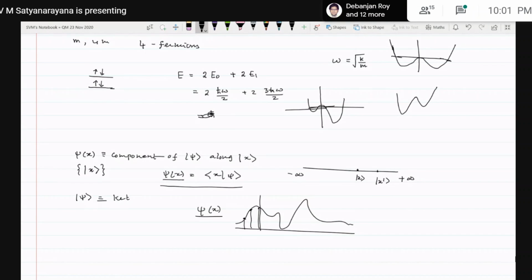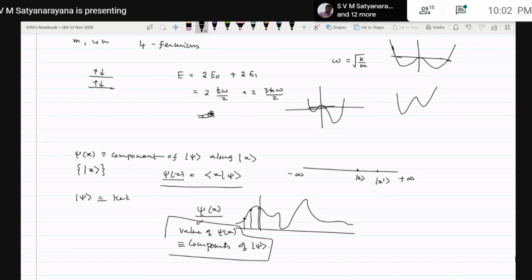So the values of psi of x are like components of an infinite dimensional vector space. This is the interpretation. So it is still a vector. The values of the function will be like components of the vector.